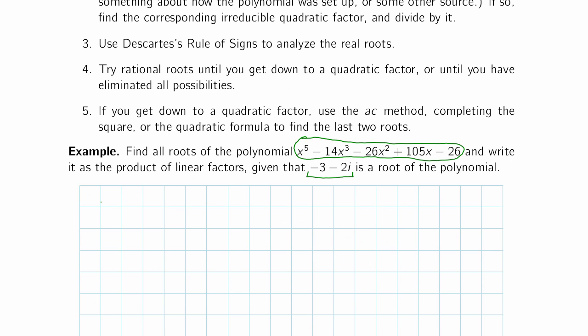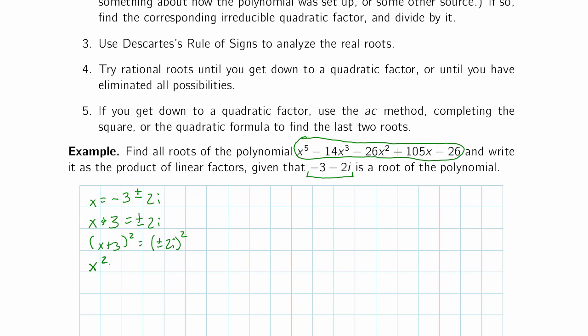So we have one complex root, that means we have 2 complex roots. We have 3 minus 2i. We also have the plus version of that. To get the irreducible quadratic factor, I think the easiest way is to think in terms of roots. So we're going to add 3 to both sides of this, square both sides.